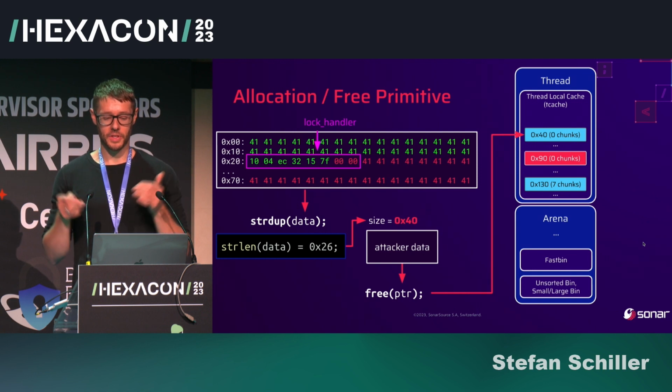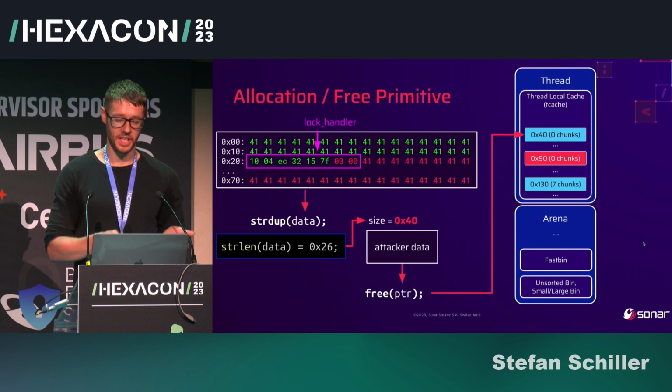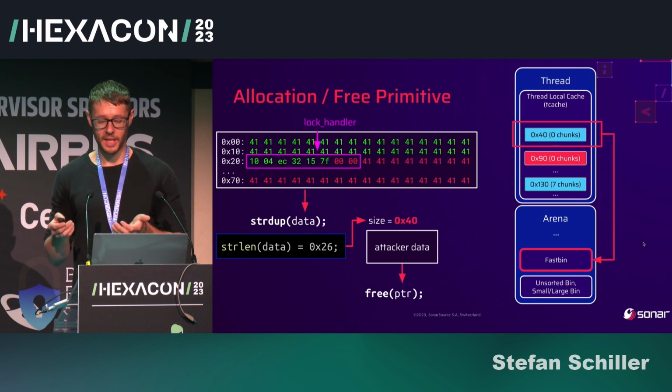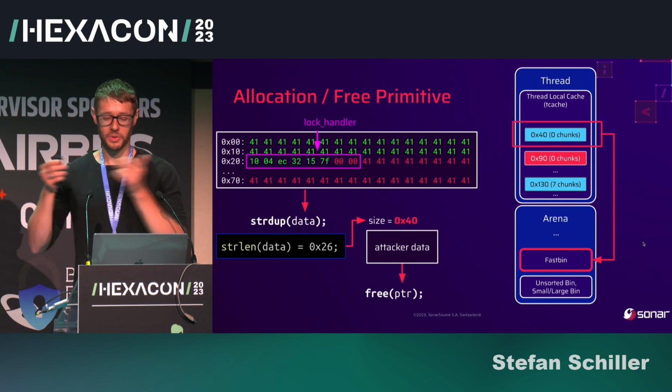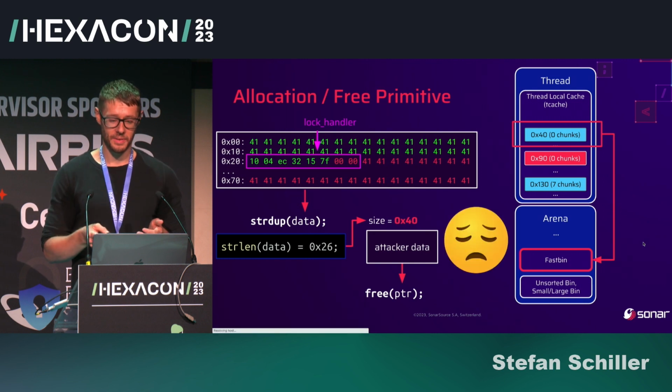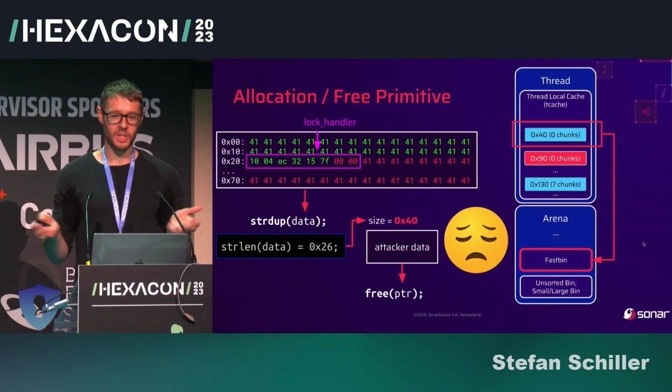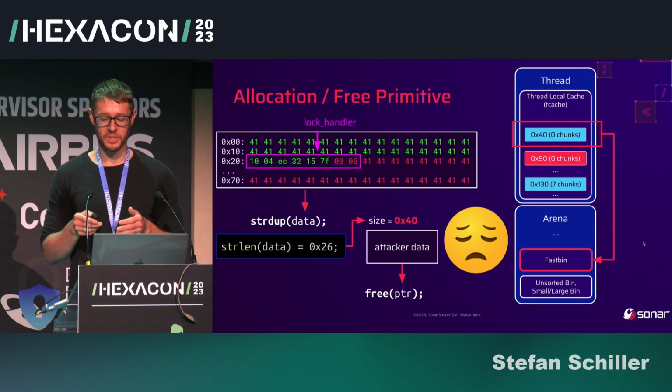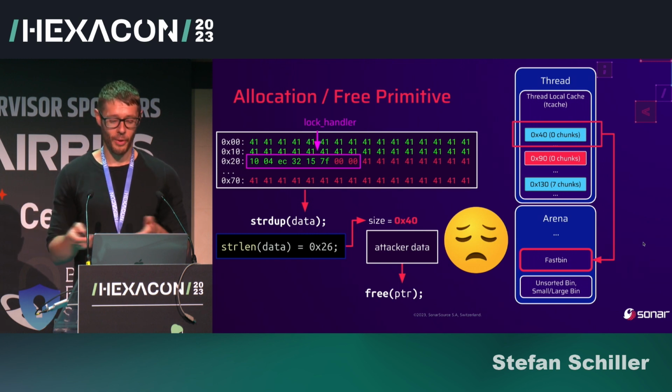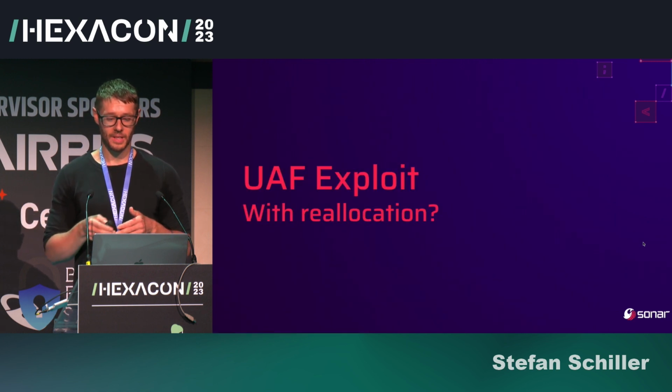That means if the chunk is freed, it's put into the hex 40 tcache bin instead of the hex 90 tcache bin. And when the thread terminates, this tcache bin is not transferred to the unsorted bin, but to the fast bin. Unfortunately, this is the only allocation-free primitive reachable from this thread, which makes this instruction pointer control pretty useless. So we need to come up with something else.